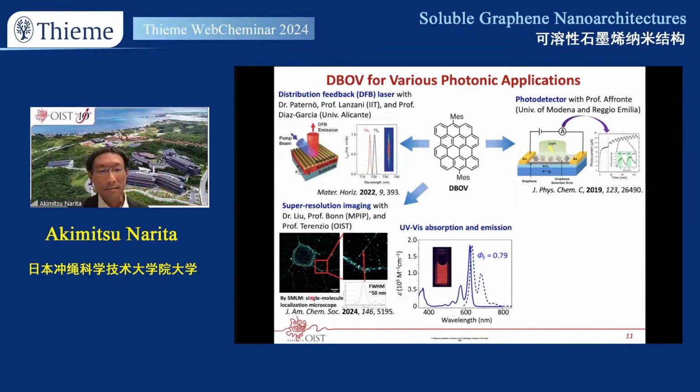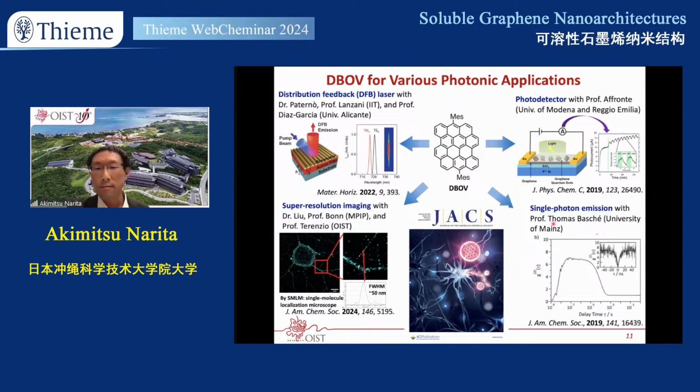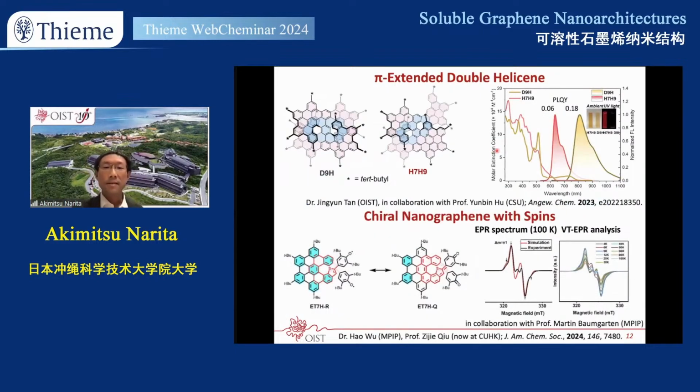We could demonstrate our nanographene and neuron together on the cover, and we demonstrate really high resolution fluorescent images of neuron development of peptides in the structure. And with Professor Thomas Basché, University of Mainz, we also demonstrate that this can be used for single photon emission.